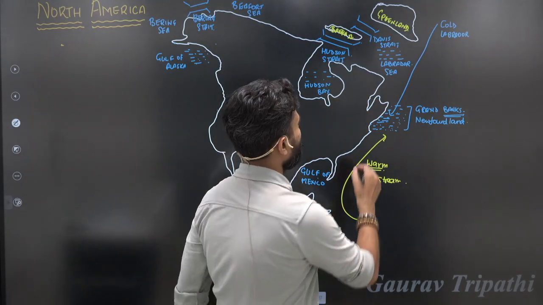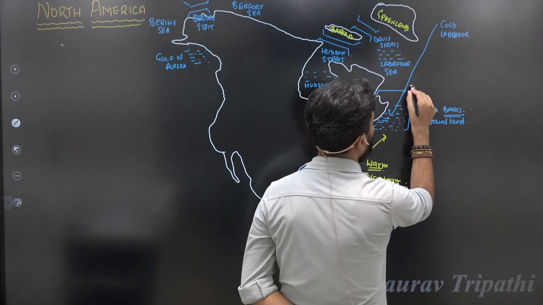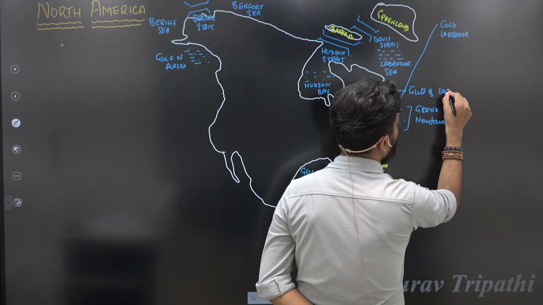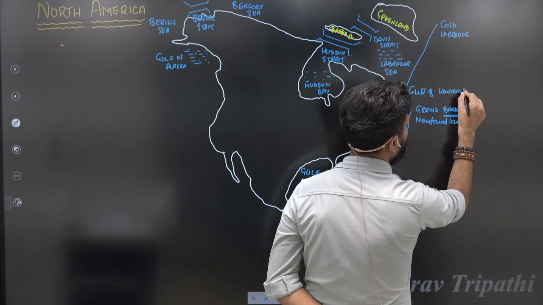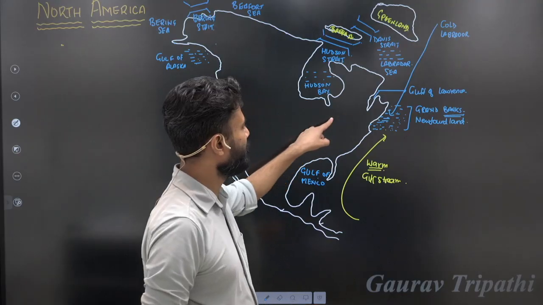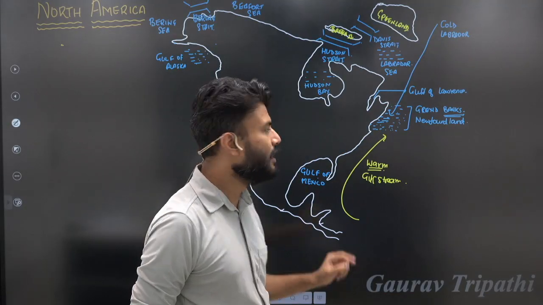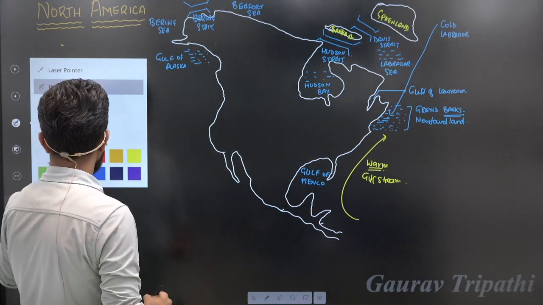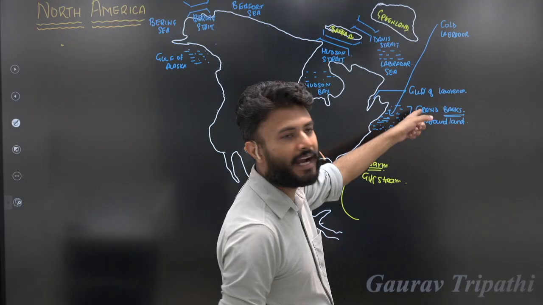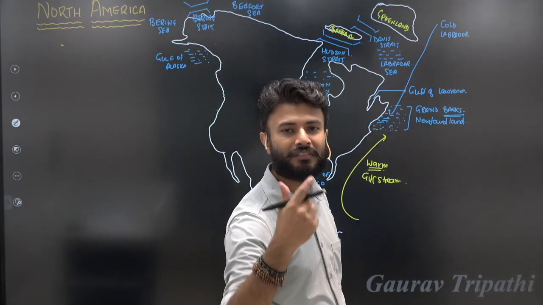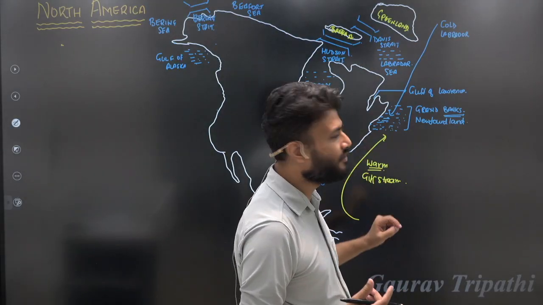So this water body is known as Gulf of Lawrence. The name is on the basis of the name of a river. So here you can see a river, Saint Lawrence. This is Gulf of Lawrence. The important thing is, when we are talking about this area, Grand Banks and Newfoundland Island, here you can see another important place, Halifax. Okay, so Halifax is there.